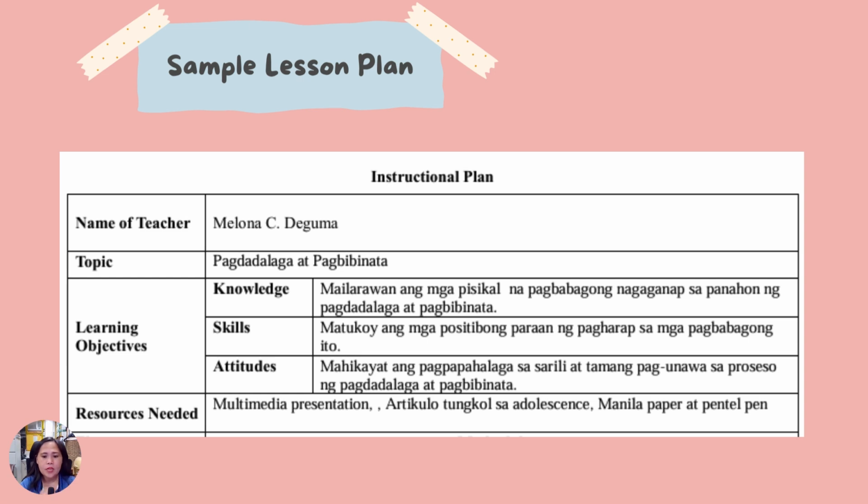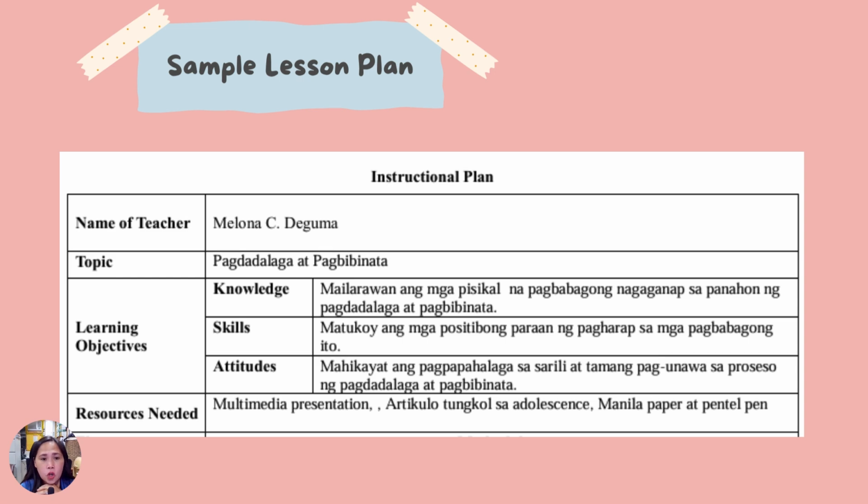Performance: matukoy ang mga positibong paraan ng pagharap sa mga pagbabagong ito. By the way, class, I need to revise the skills because identify or matutukoy is more on knowledge or cognitive. It should be more on performance. So for my correction, it should be maipapakita.